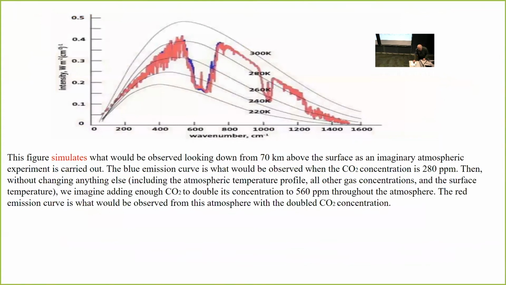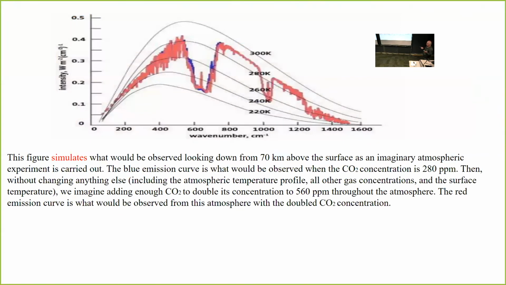I had trouble finding any place that explained exactly how they do the calculations. So I found this paper by the American Chemical Society that made an attempt at explaining it. And what bothered me was the fact that it says this figure simulates what would happen if you had an imaginary atmosphere. So I'm not sure, how did they do their measurements?